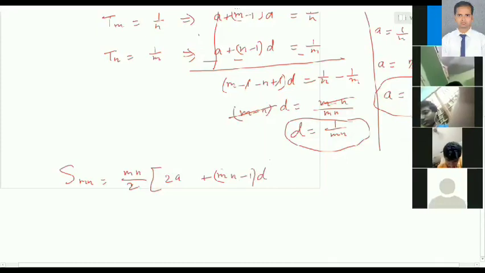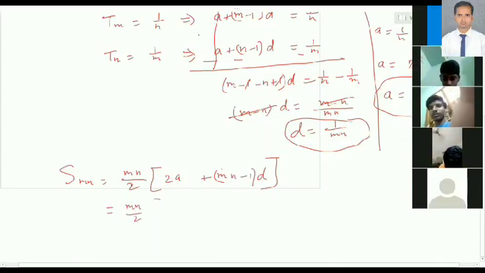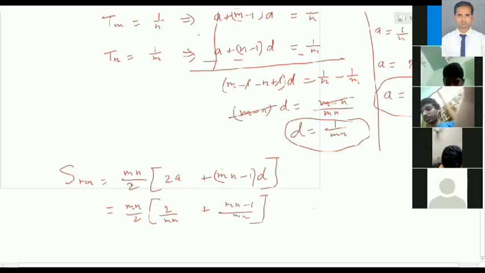Okay, this is the formula. Substitute this and you will get the answer. This is mn by 2 bracket 2 by mn plus mn minus 1 divided by mn. And if you solve this, you will get the answer. Solve it.